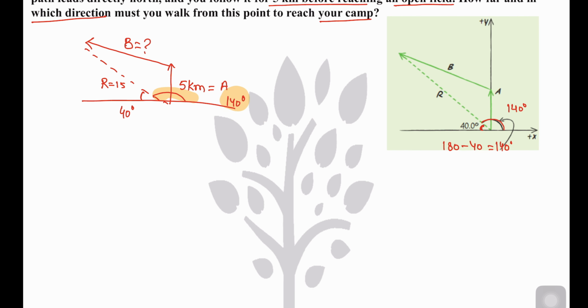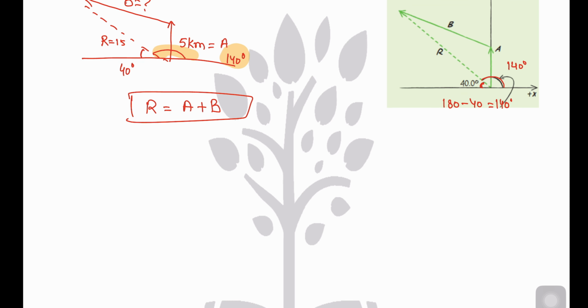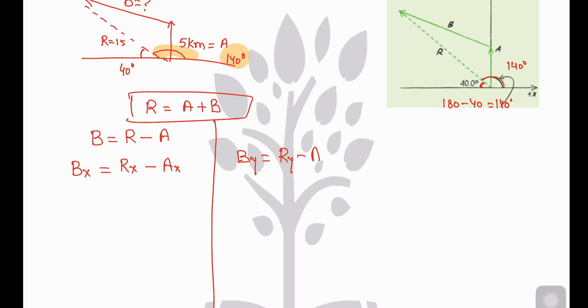First thing we need to understand, I know R equals A plus B. Yes or no? So what are we looking for? We are looking for B. So can I say B equals R minus A? So Bx equals Rx minus Ax, and By equals Ry minus Ay.